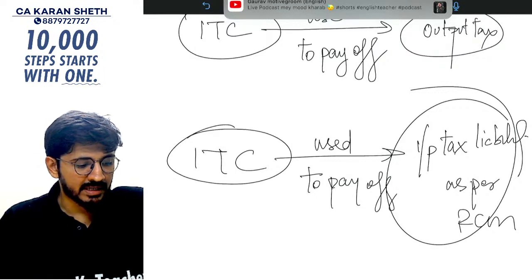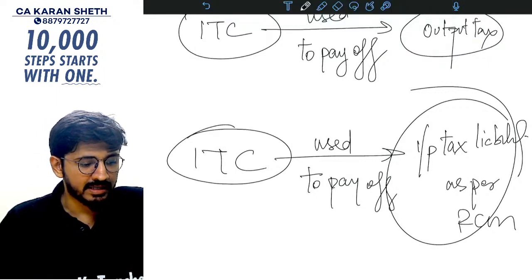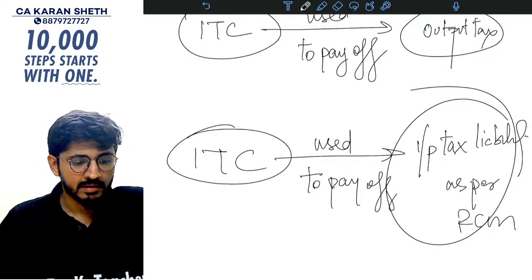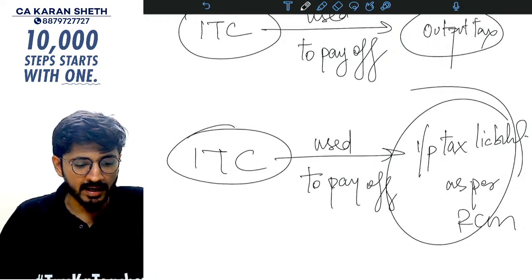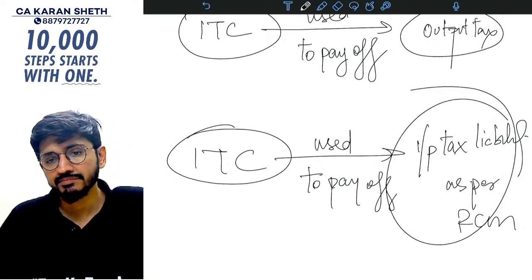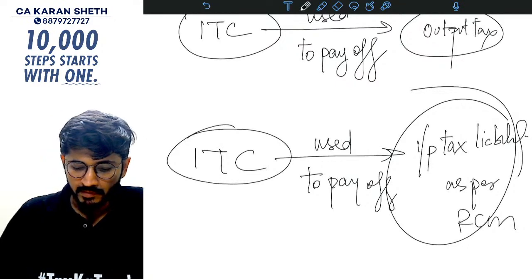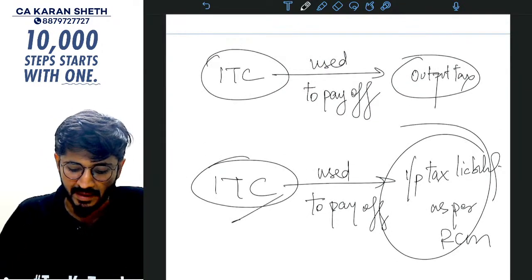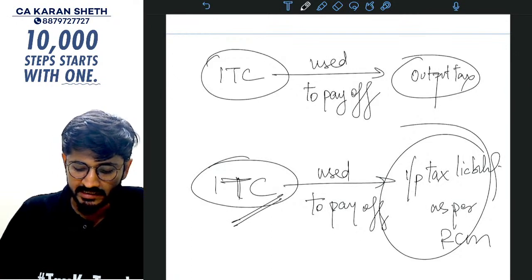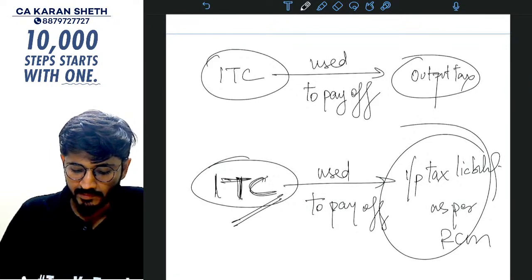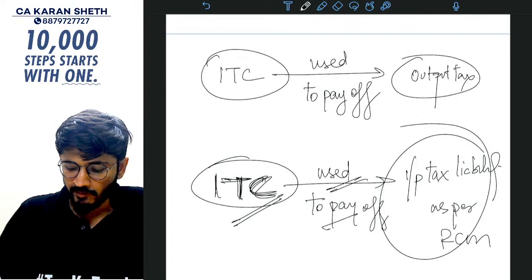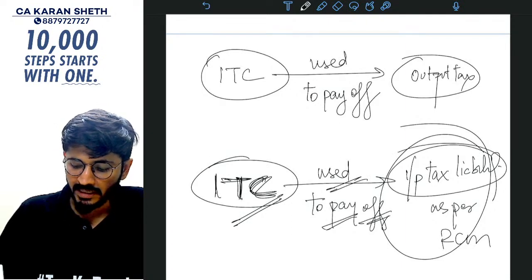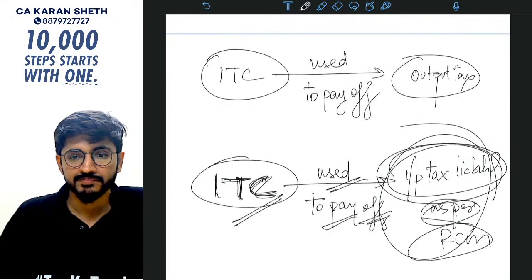Tell me, my dear friends, can that ever happen? Just by the plain reading, do you think that makes sense? Can you use ITC to pay off input tax liability as per RCM?